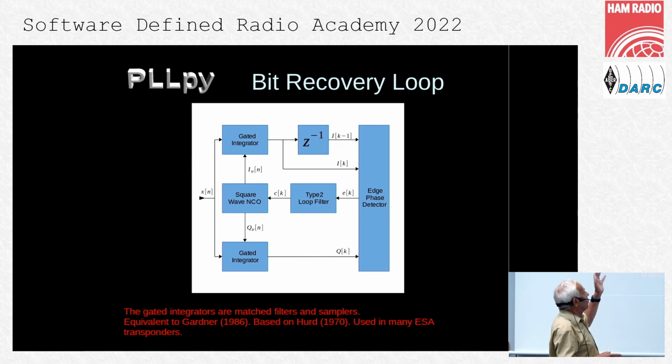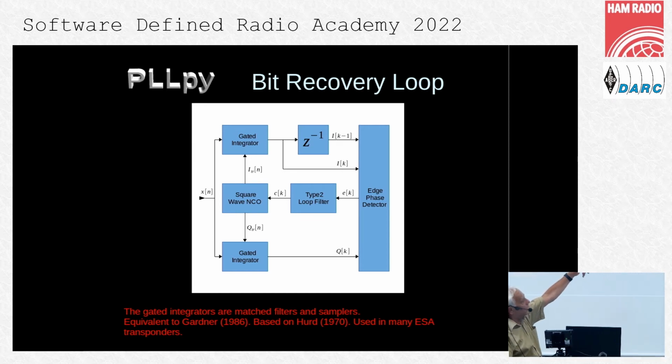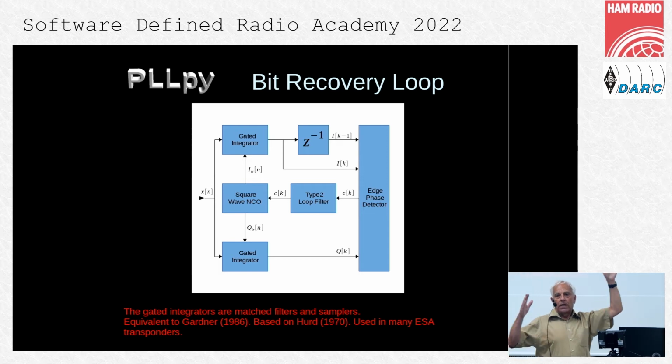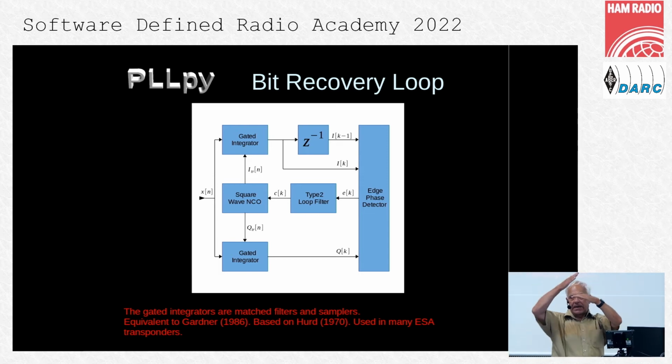But you could change it to use it with other types of pulse shapes. It uses this edge phase detector. It's an important thing for this detector that if it doesn't detect an edge, in that case it will output a 0 phase error.